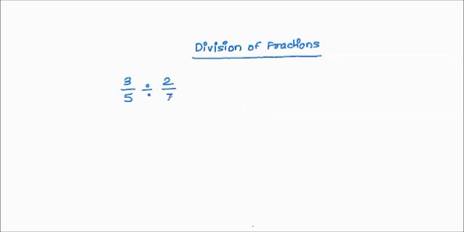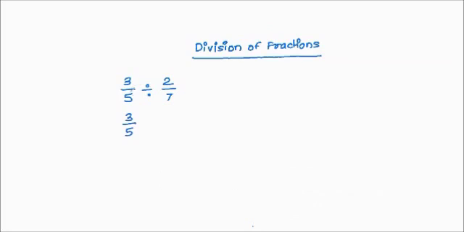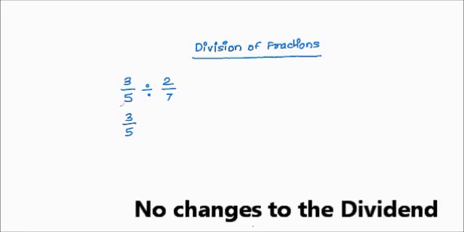Now when we want to do this division, the steps are: step 1, keep the dividend. The dividend is what comes before the divided by sign. Keep the dividend as it is. So the dividend comes down as it is, no changes.